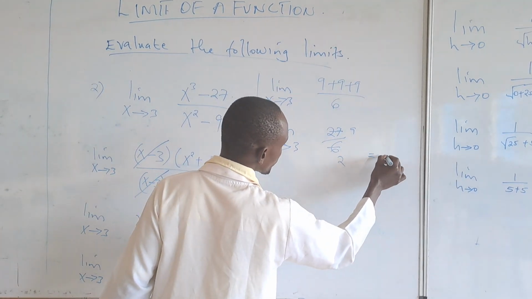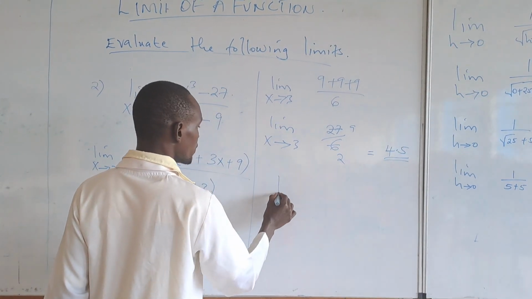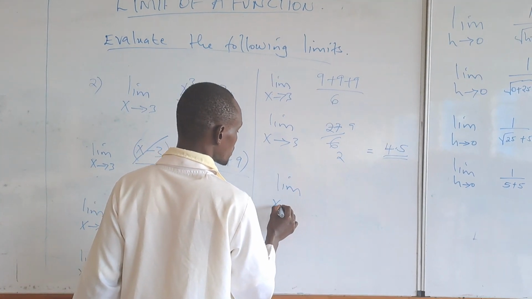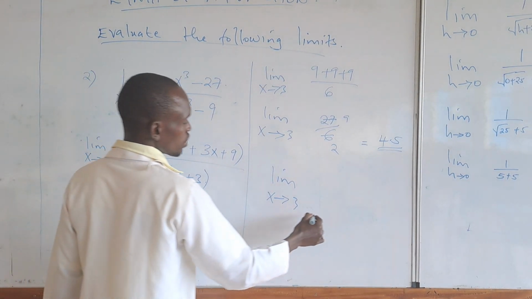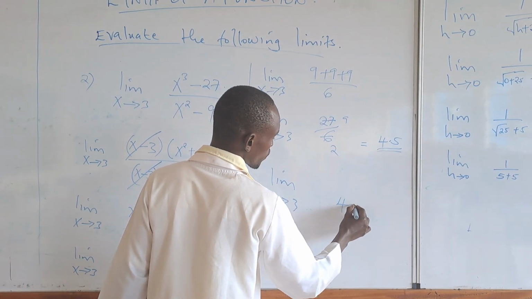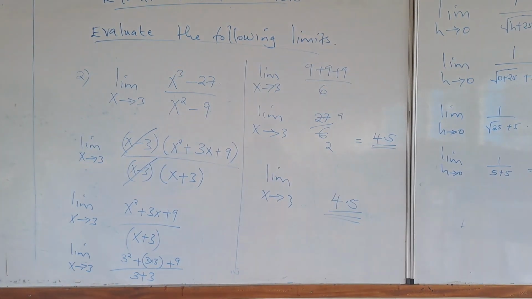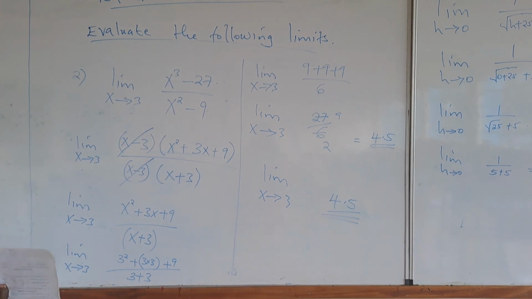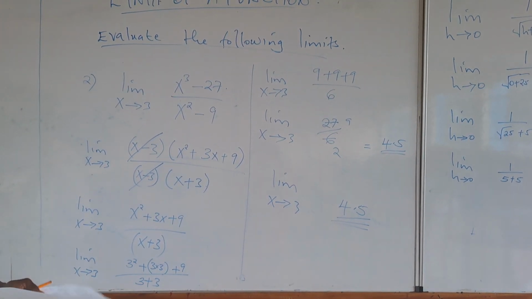So this will be the same as 4.5. So our limit as x tends to 3 for this function is equal to 4.5. And you shall be able to evaluate the limit. That's how simple it is. I hope you enjoy learning with us.